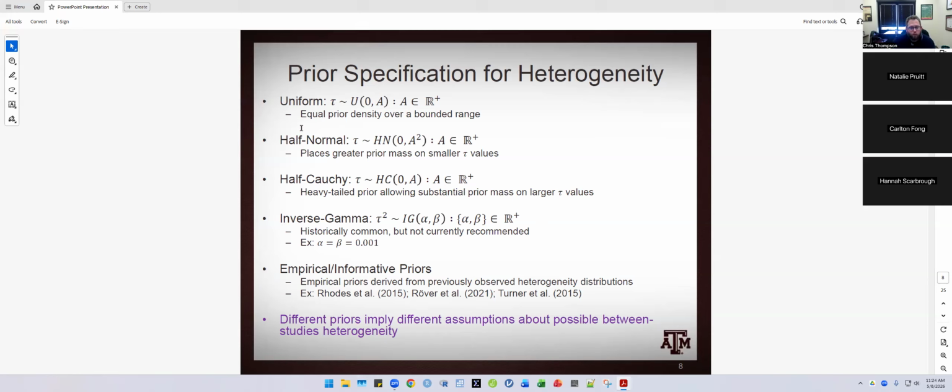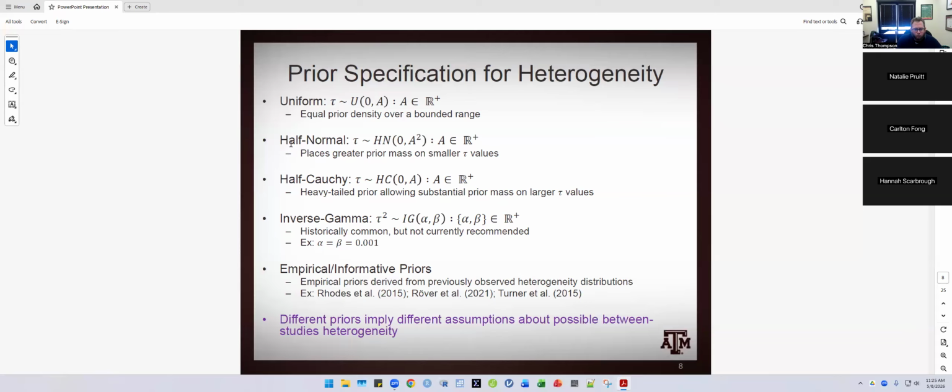The first, the uniform distribution, what this does is, if it's proper, it will put equal prior density over the bounded range of the uniform, which goes from 0 to some finite value, which I'm calling here A.